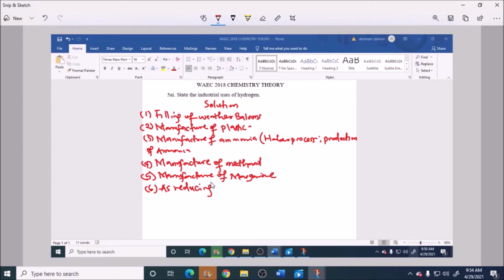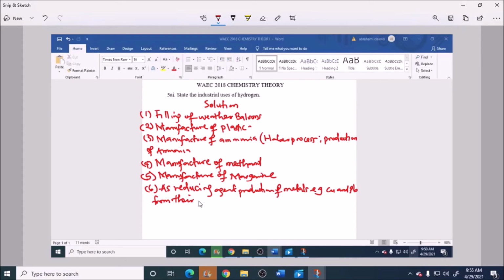So hydrogen is used as a reducing agent for the production of metals, like copper and lead from their oxides.